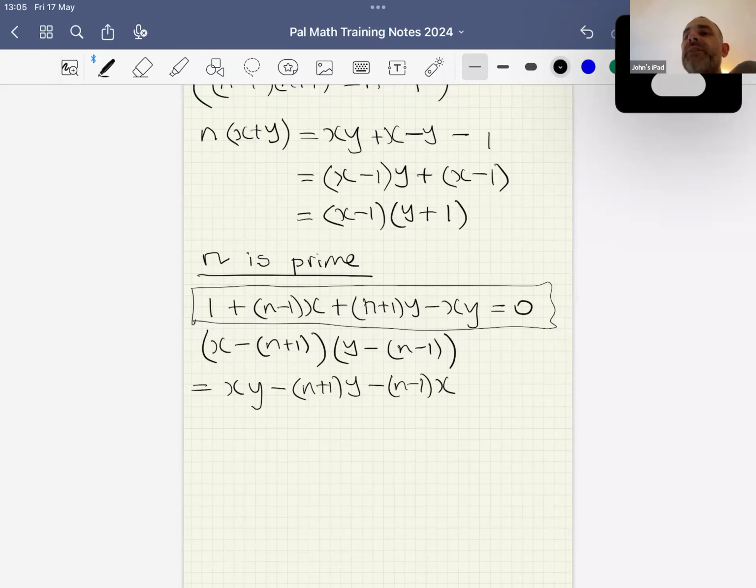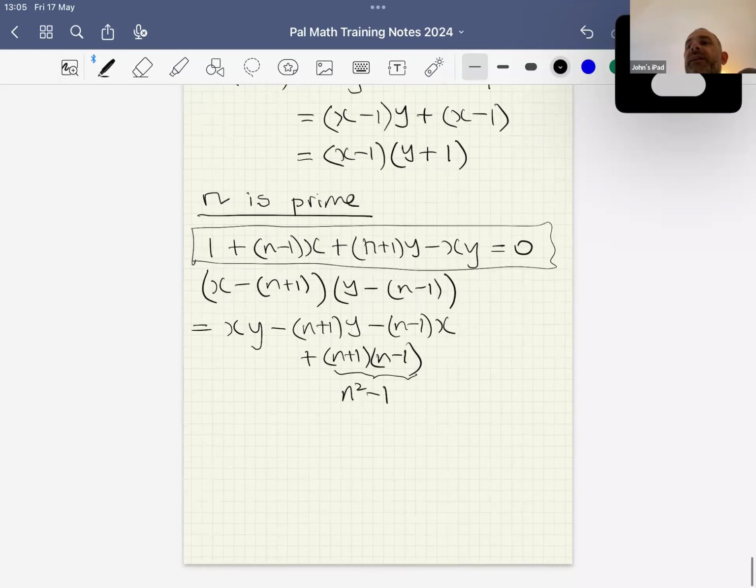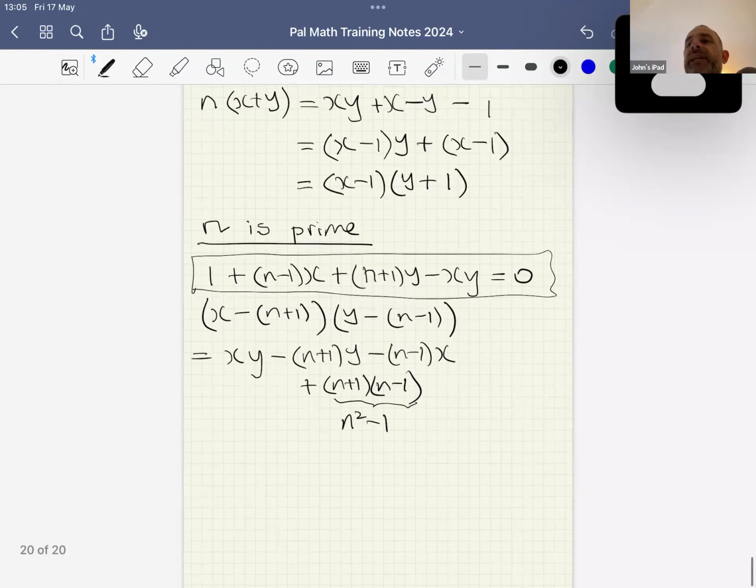What do we have? We've got plus n plus 1 by n minus 1, and that is n squared minus 1. So if we make sense of this, what do we know about this?